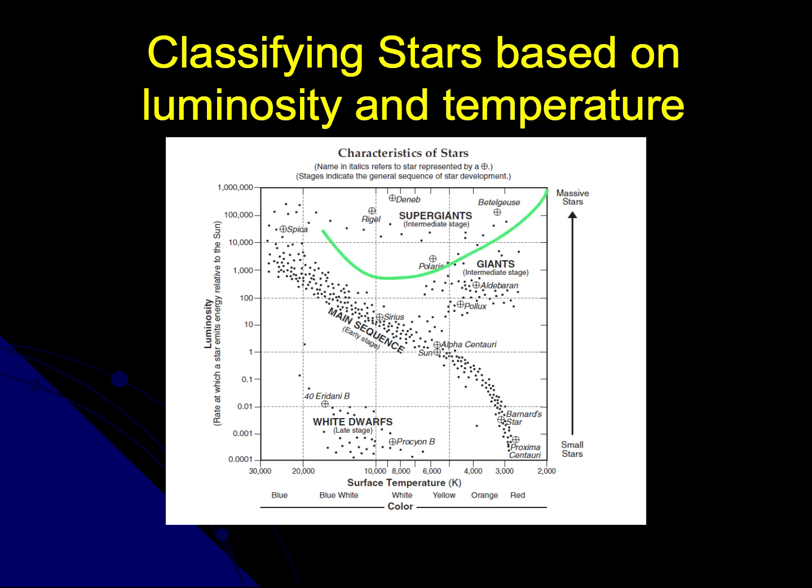Sirius in Canis Major and Proxima Centauri, the closest star to the sun, are both main sequence stars, though Sirius is both hotter and brighter than the sun, and Proxima Centauri is much cooler and dimmer than the sun. Alpha Centauri is very similar to the sun, although slightly brighter. None of the stars we've talked about yet are white dwarf stars, as those stars are so dim that you would need a telescope to see them.